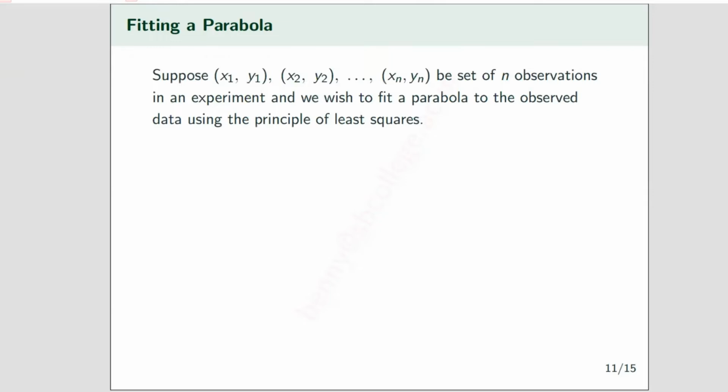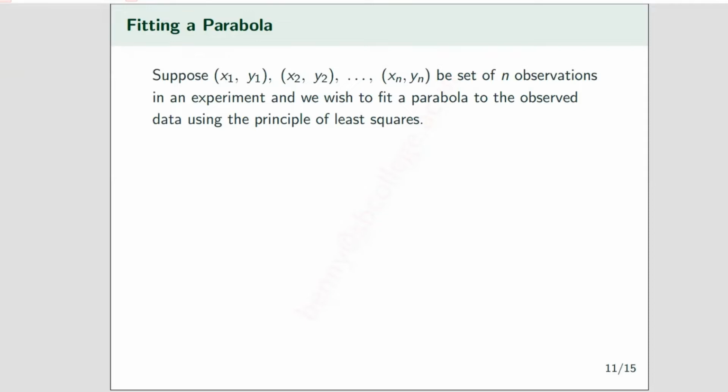Let's start with the parabola. Suppose we have n observations represented by x1, y1, x2, y2, x3, y3, etc., xn, yn, as in the previous case when we discussed fitting a straight line. x is the independent variable and y is the dependent variable.